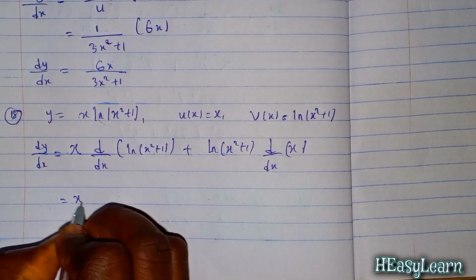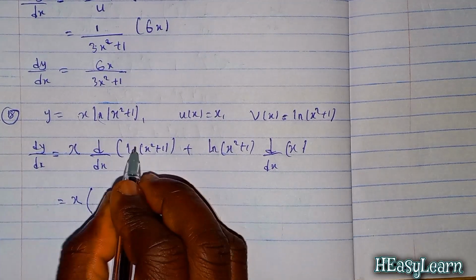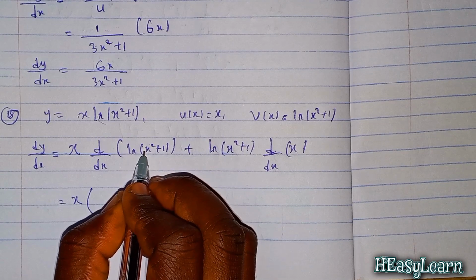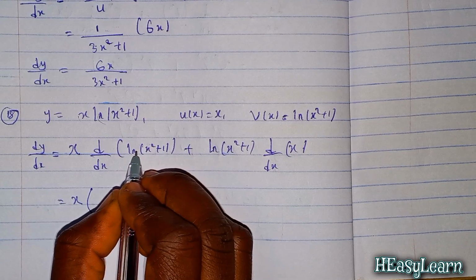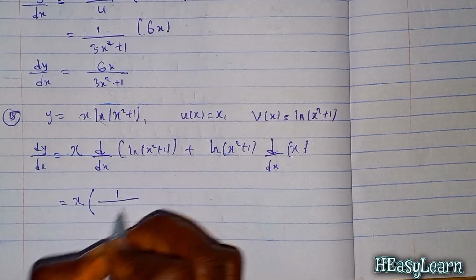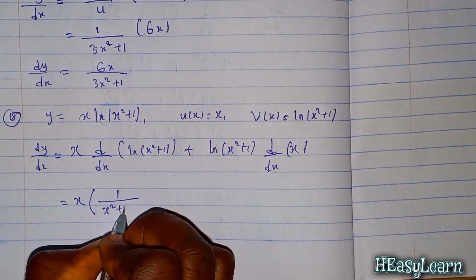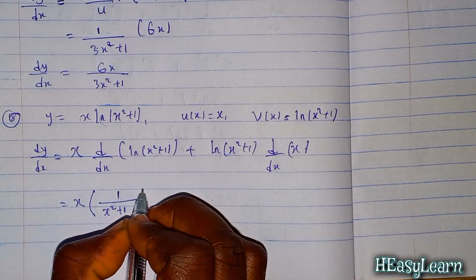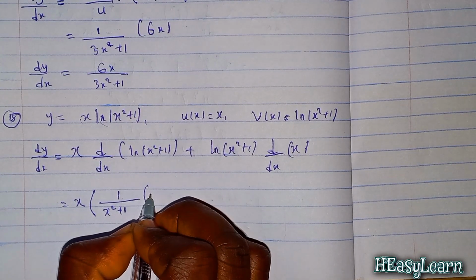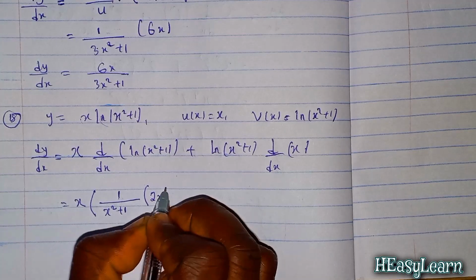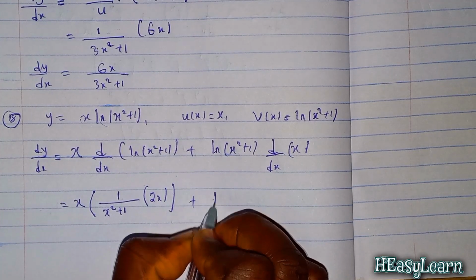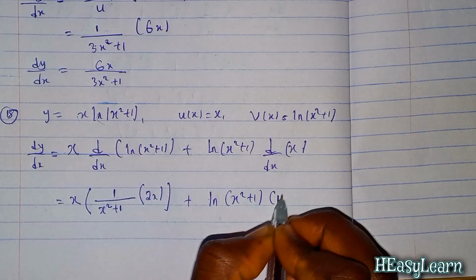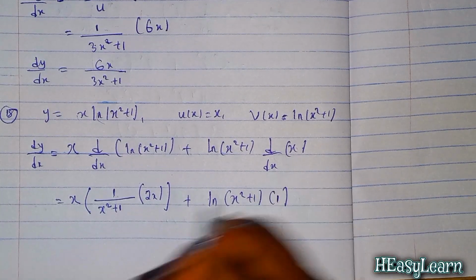So in this case, what is the differentiation of this by the chain rule? 1 over (x squared plus 1). That is the differentiation of ln, multiplied by the derivative of the inside, 2x, plus ln (x squared plus 1) multiplied by the derivative of x.